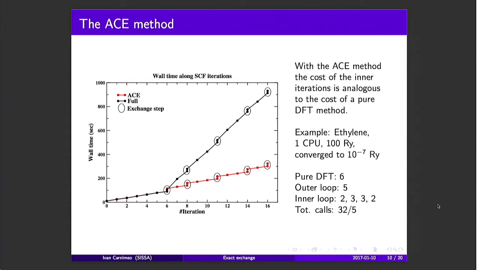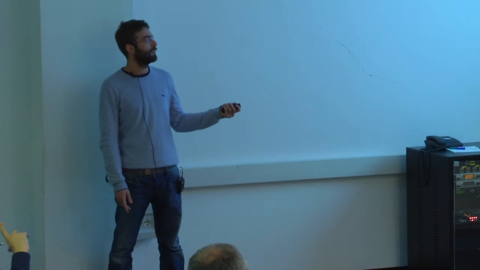Of course, in the outer iteration, the cost is the same as with the old method, because in the outer iteration, we need to fully evaluate the action of the exchange operator on the auxiliary basis, and we cannot escape from it, because we need it in order to assemble the inner projection.